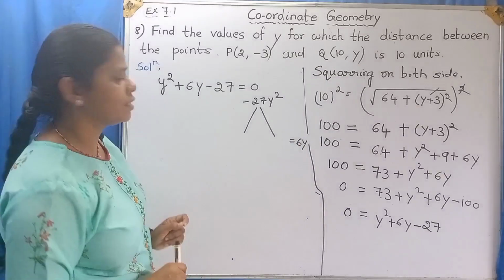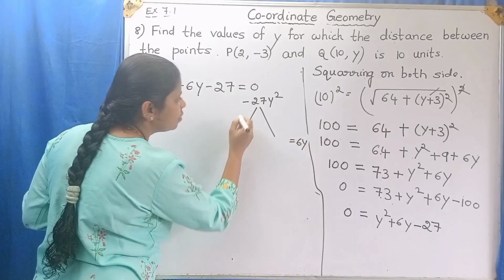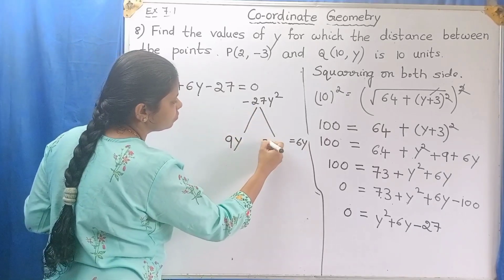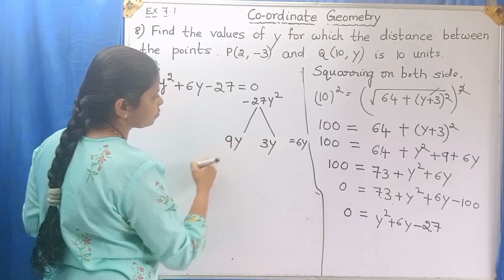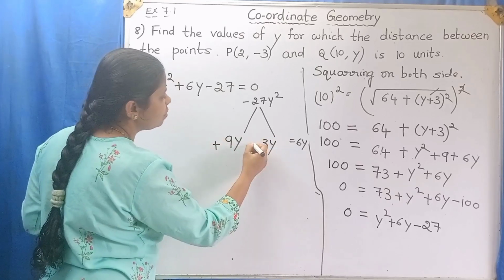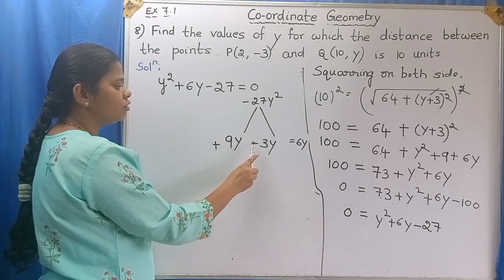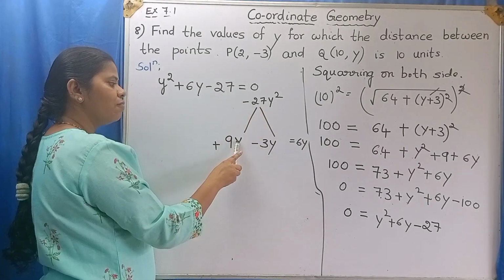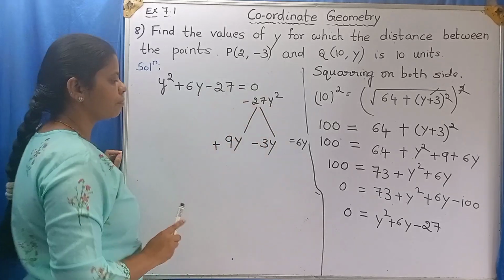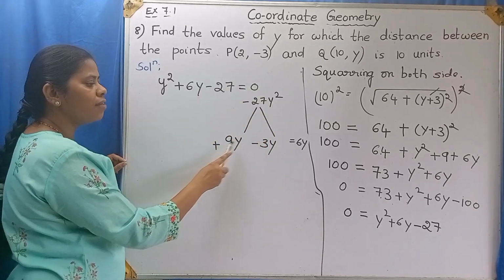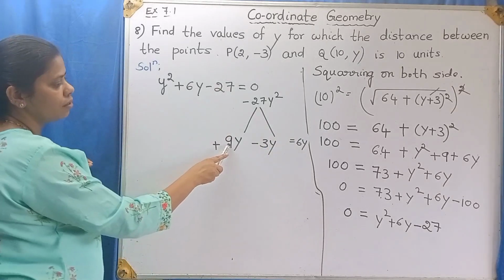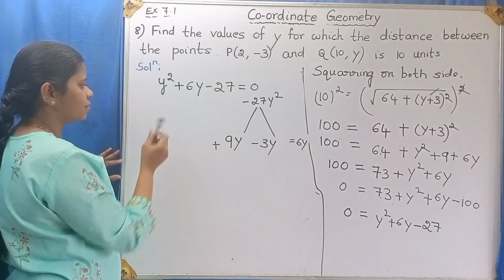Which are those two numbers? That is 9 3s are 27, right? Plus 9y minus 3y. Plus into minus is minus. 9 into 3 is 27. y into y is y square. Then plus 9y minus 3y is plus 6y. Now we got these two factors.